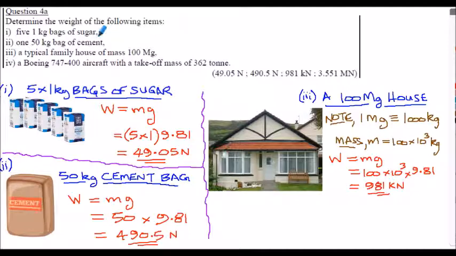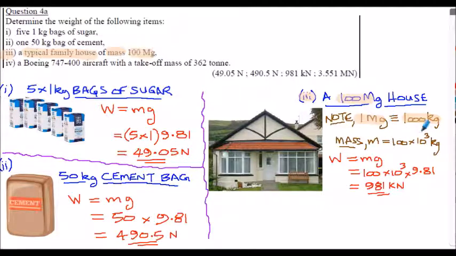Question 4a, part 3. We're asked to find the weight of a typical family house having a mass of 100 megagrams, which seems an extremely large mass for a typical house. But anyway, we're asked to find the weight of the house. So solution to part 3, the 100 megagram house. Firstly, as we noted previously, 1 megagram is equivalent to 1,000 kilograms.